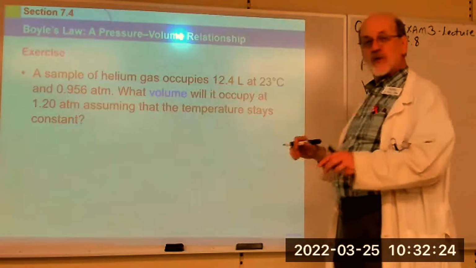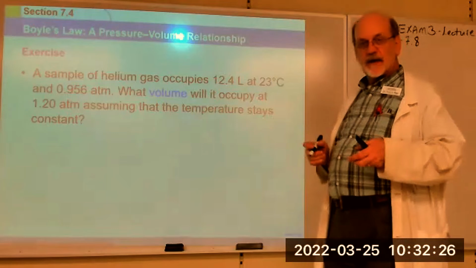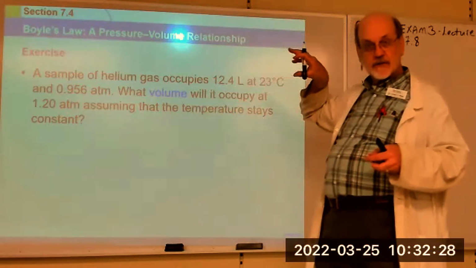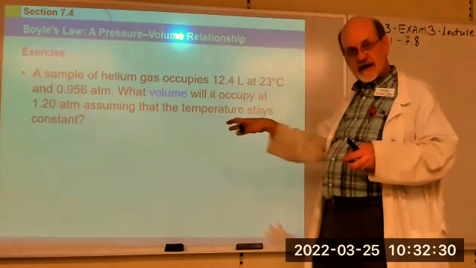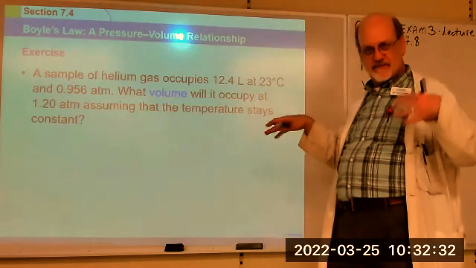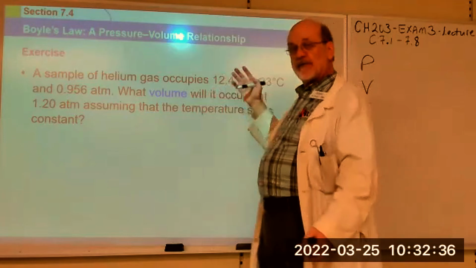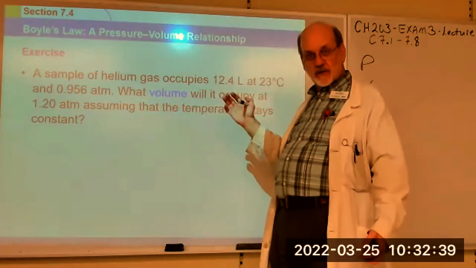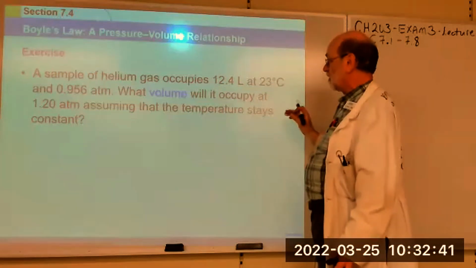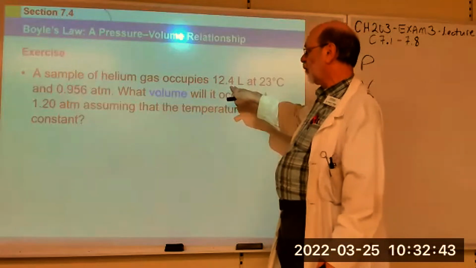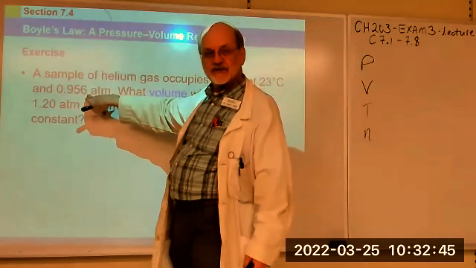Right? So here's what I do with these types of problems. I extract that information from the word problem and put it in a formula format. We know that this is going to be a before and after situation. We know we're given the before conditions, 12.4 liters and 0.956 atmospheres.